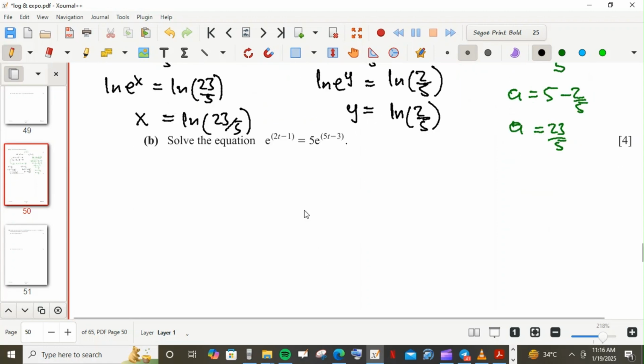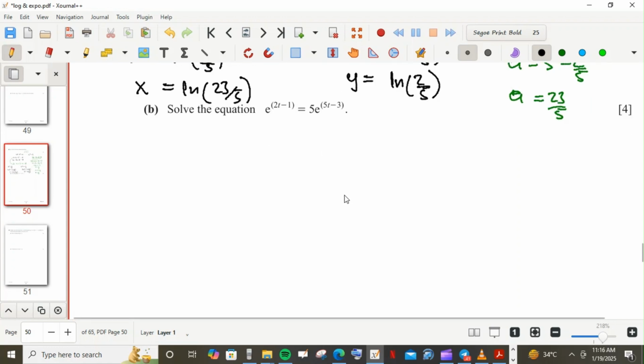Okay, now I'm going to take this one as my last sub question under exponential equations. Then I'll start with the practicals. Okay, so now here, in this question, there are so many ways of doing it. You can take ln of both sides.